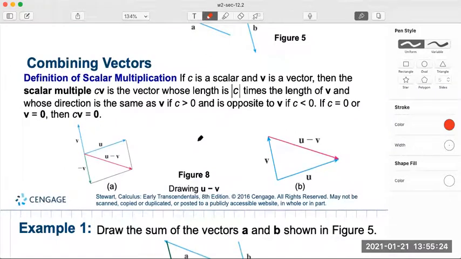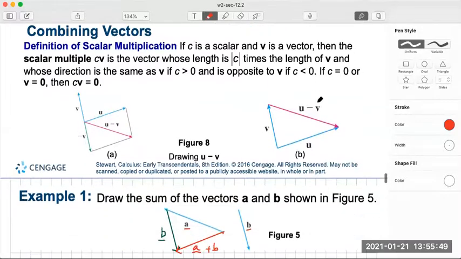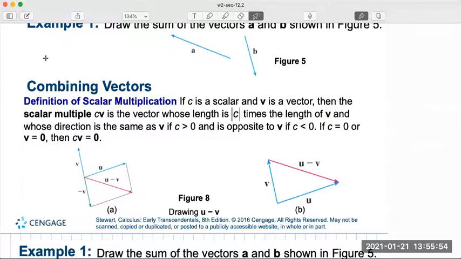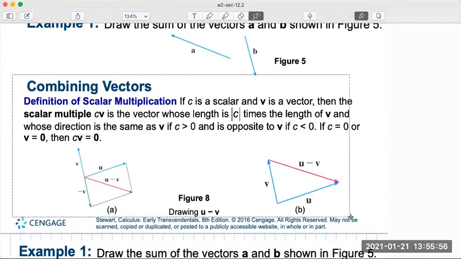Here, a definition of scalar multiplication. If c is a scalar or a number, and V is a vector, then the scalar multiple cV is the vector whose length is c times the length of vector V. Just a definition. For example, let me copy this definition and bring it down.